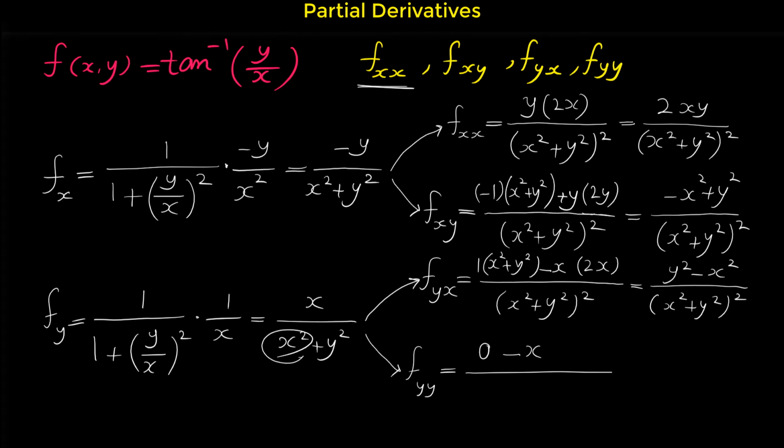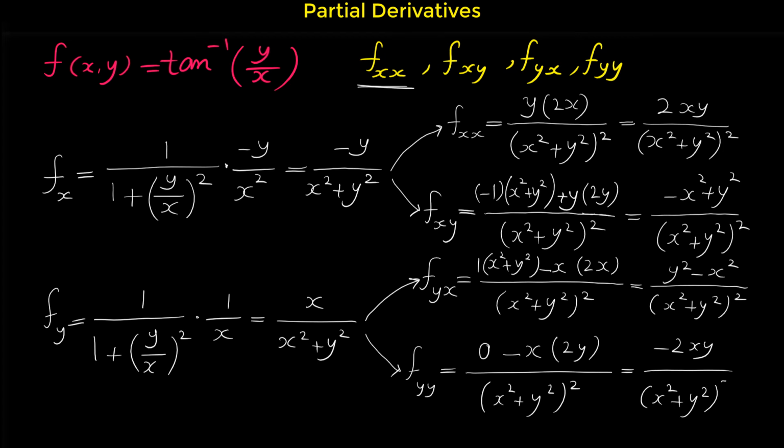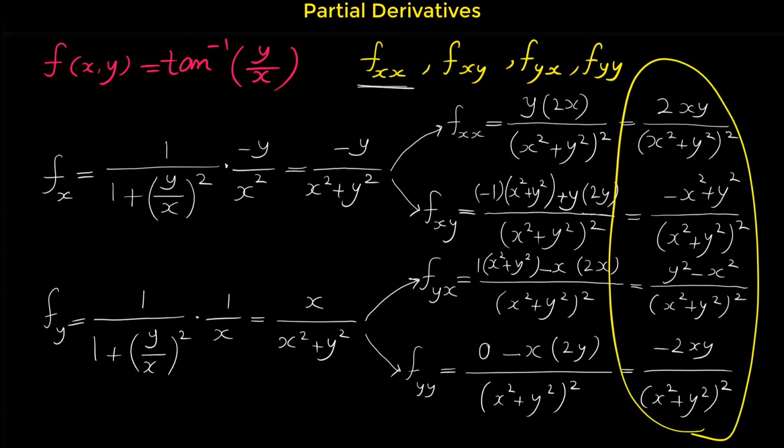The derivative of this is 0 and the derivative of y squared is 2y, all over denominator squared. Numerator is negative 2xy and denominator is x squared plus y squared squared. These expressions are the 4 second partial derivatives of this function.